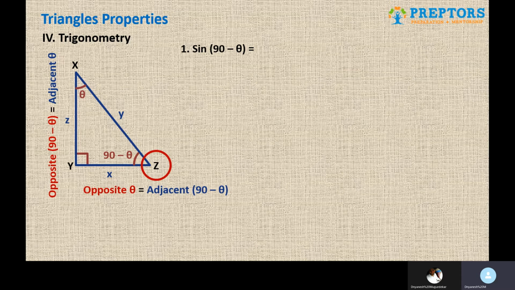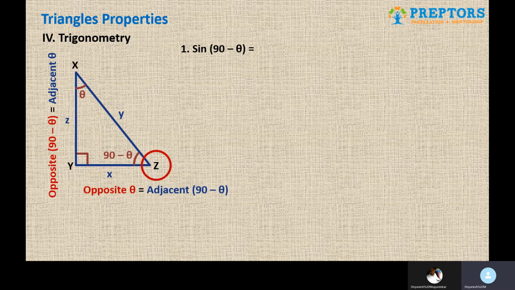All Silver Teacups. This is something you might remember from the school days. First quadrant everything positive, second quadrant sine positive, third quadrant tan positive, fourth quadrant cos positive. Now the second part is you always change the angle if it is 90 plus or minus theta.